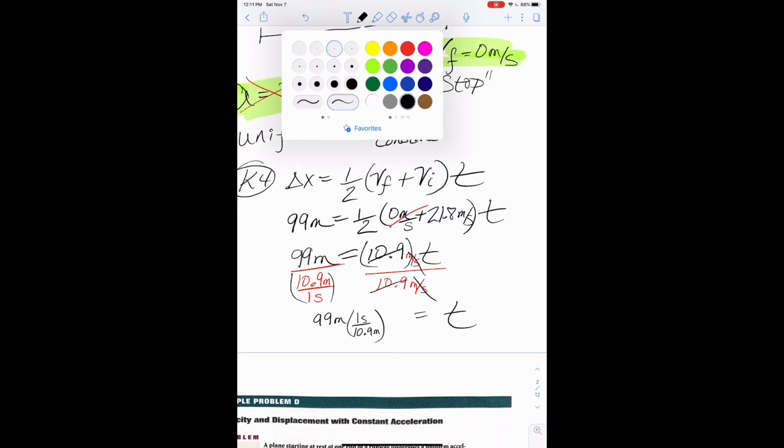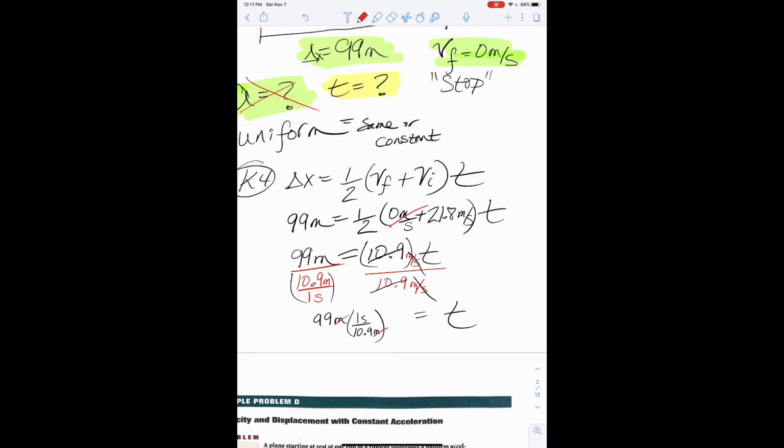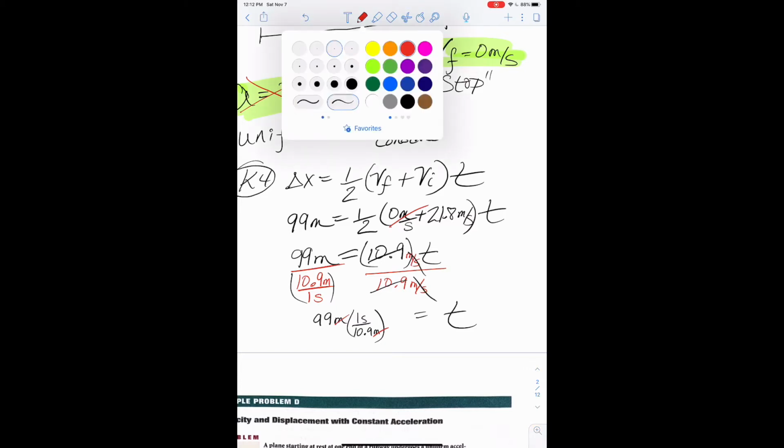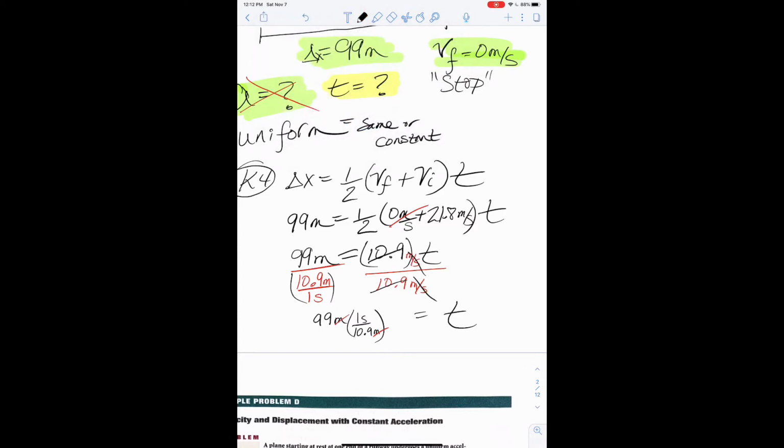So what I'm saying there is that the meters are going to cancel and we're going to be left with seconds, which is the unit we want. So 99 divided by 10.9 is equal to 9.08. I don't have the answer key in front of me, but I believe that that is right. All right, good.